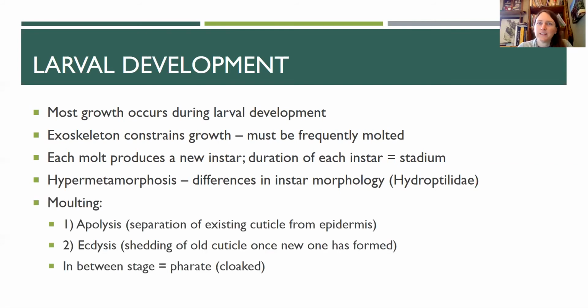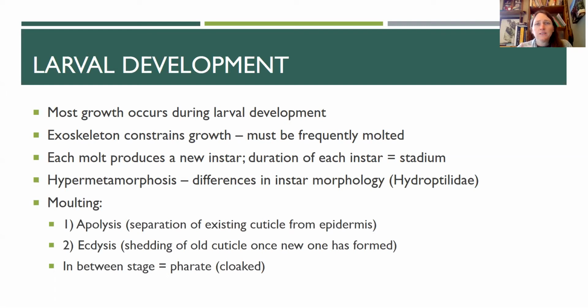And we noticed this at our study sites at Mount St. Helens. We found these really tiny little guys, and they were super hard to identify, and we couldn't figure out what they were until someone mentioned this hypermetamorphosis, this difference between early instars and later instars, in particular for the hydroptilid caddisflies.